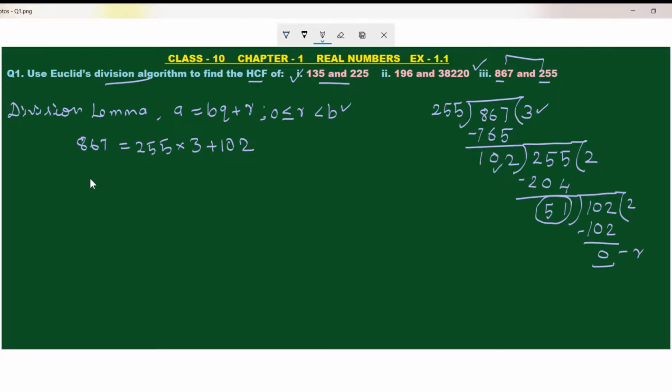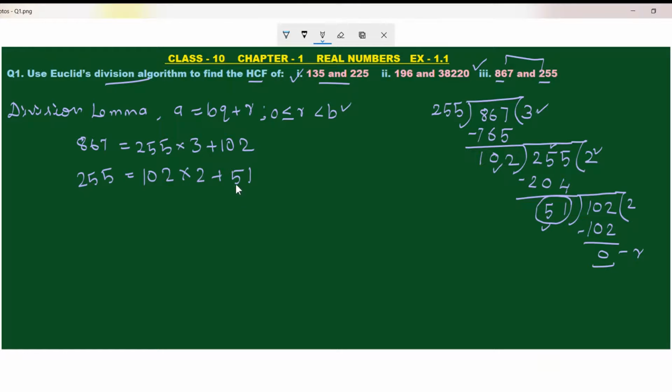In the next step, 255 is the dividend, the divisor is 102, the quotient is 2 and the remainder is 51.